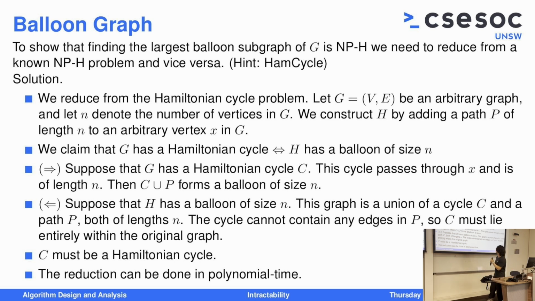Because the P we added on was a path, and it's only connected to my original graph at one point X. This couldn't possibly form part of my cycle. So if I find a Hamiltonian cycle in H, then G has to have the Hamiltonian cycle. Therefore, C must be a Hamiltonian cycle.